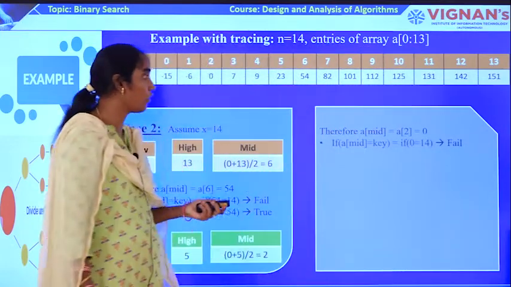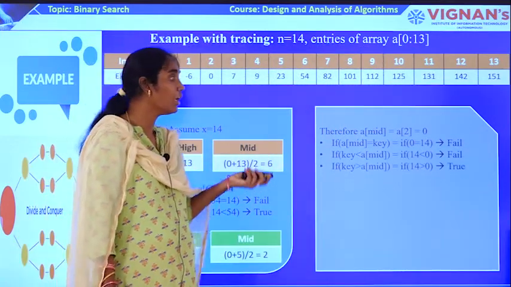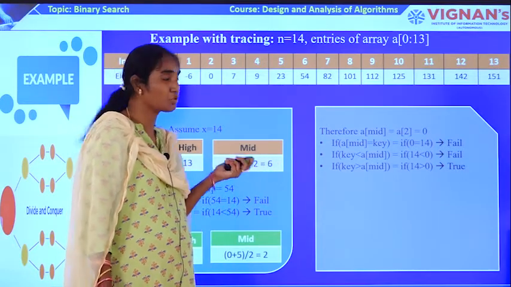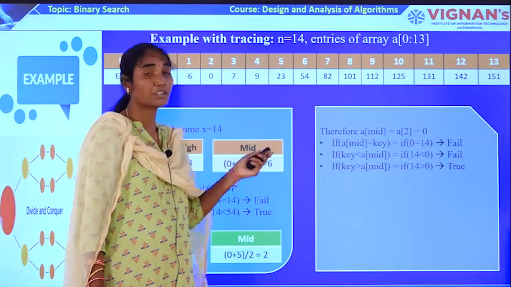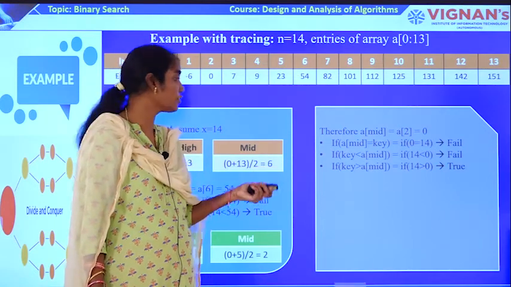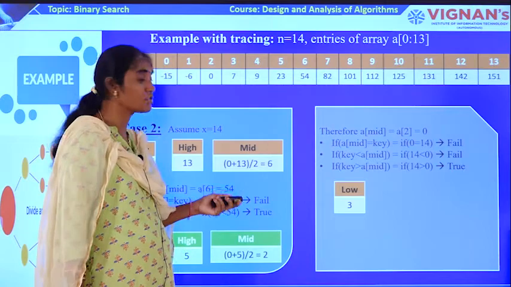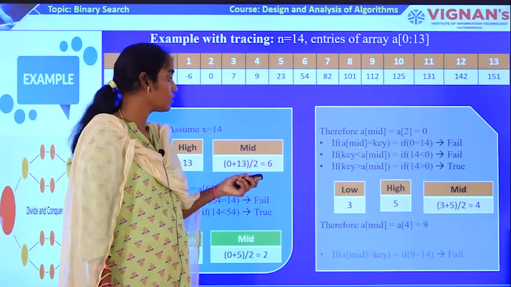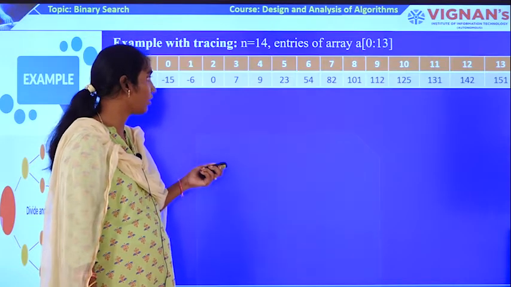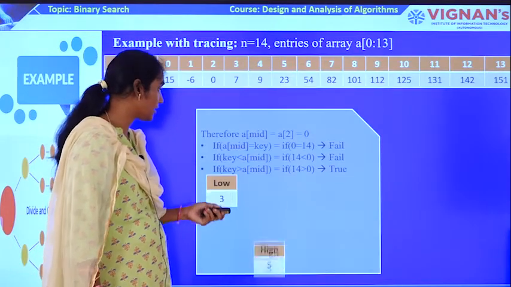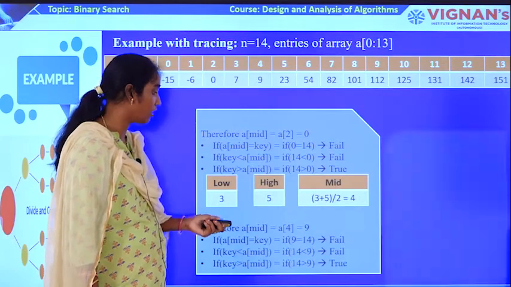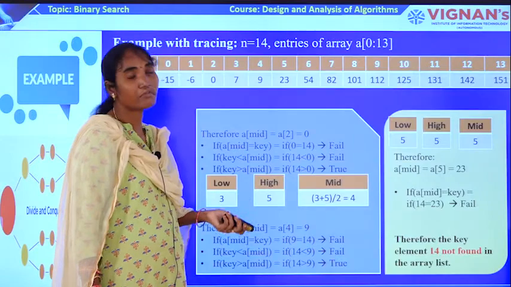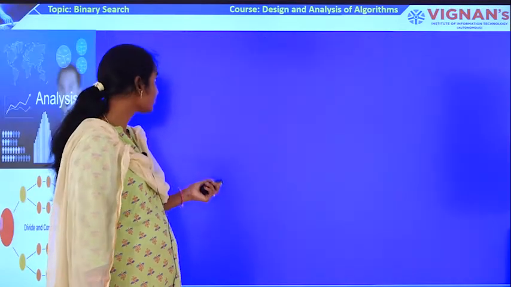A of mid, A of 2, is 0, and as the conditions fail and the last case evaluates to true, since it is present in the right sublist, I have to make the low value mid plus 1. Now low is changed to 3, high remains 5 and mid is 4. Likewise my procedure goes on. Finally it will return a message that the corresponding element is not found. 14 is not found in the given list.